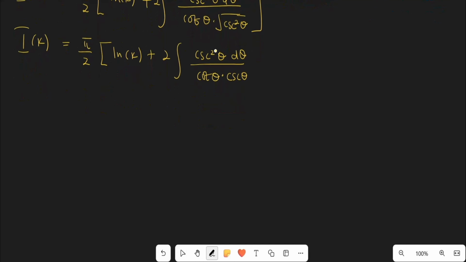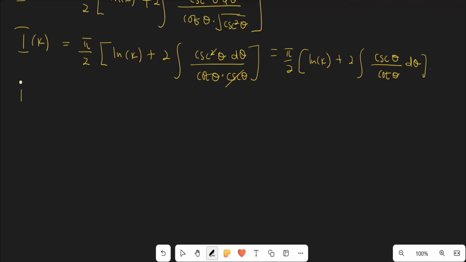And we see that this one is going to cancel one on top, and now what we are left with is this. This is equal to pi over 2 times the ln of k plus 2 times the integral of the cosecant of theta all over the cotangent of theta d theta.